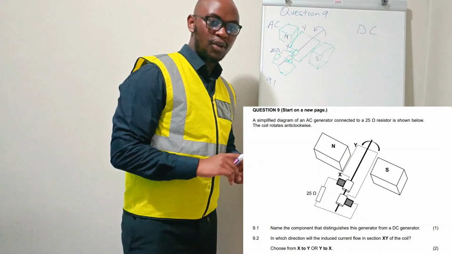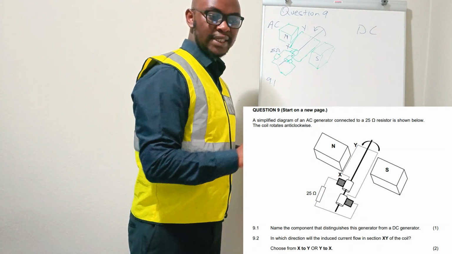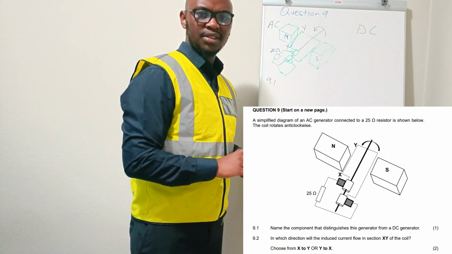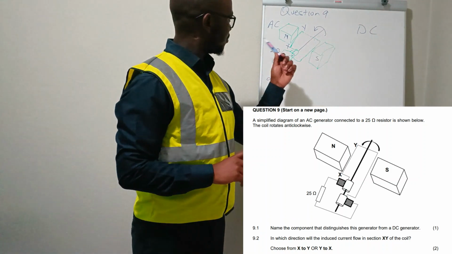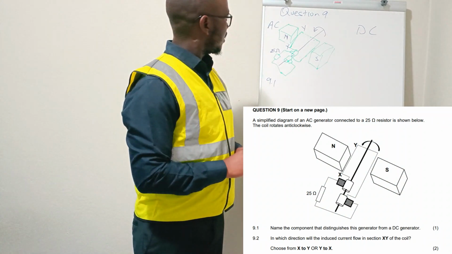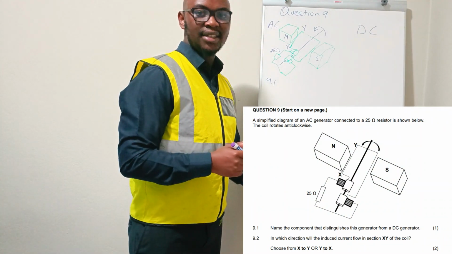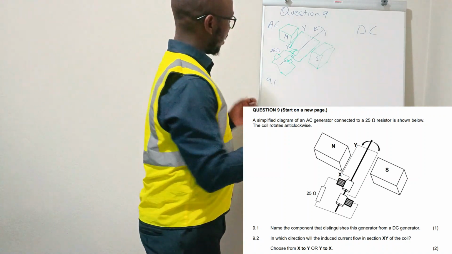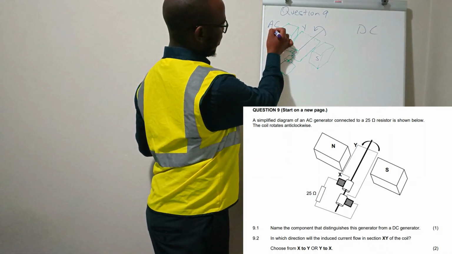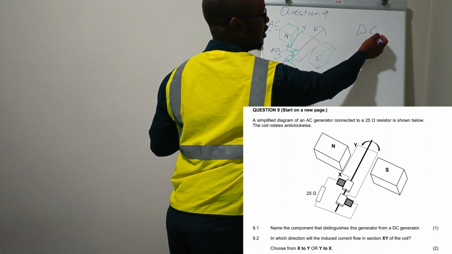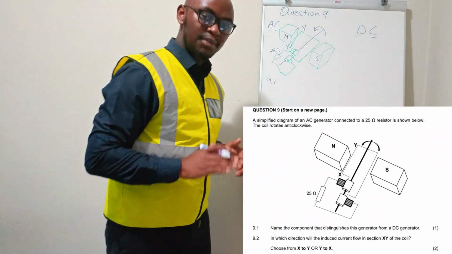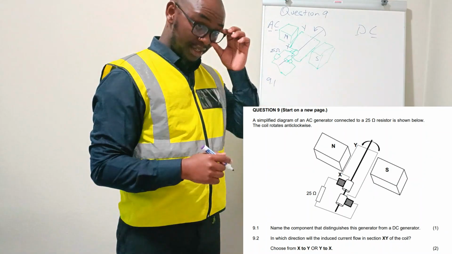First thing we should go for when attacking this kind of question is: what is the difference between an AC and a DC machine, or what is direct current, what is alternating current. So that's alternating current, that's direct current. Direct current simply means that we are not changing direction.